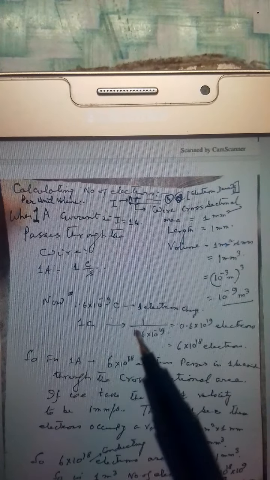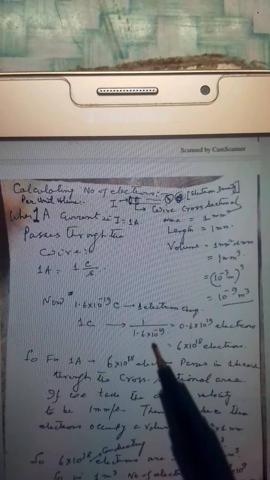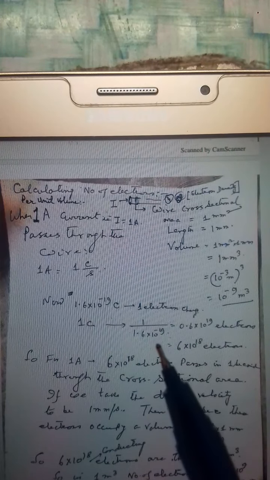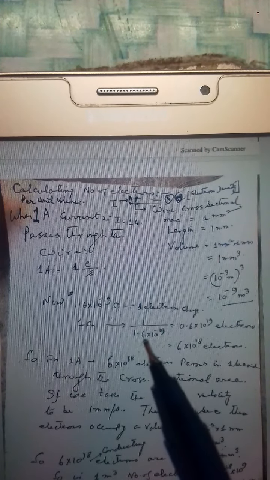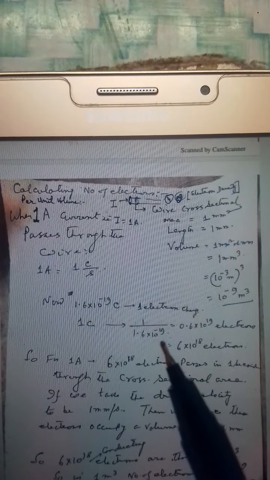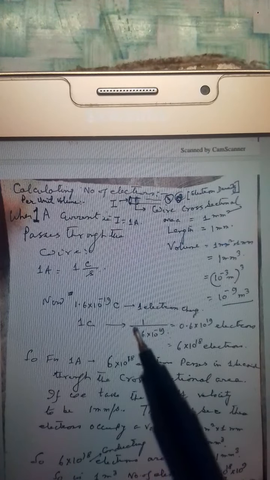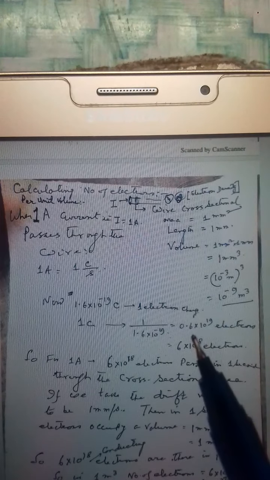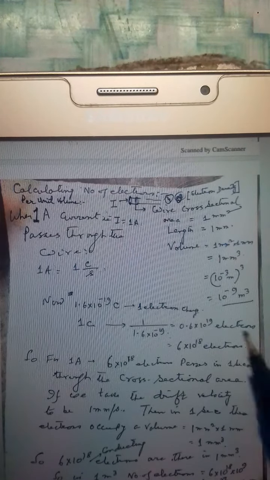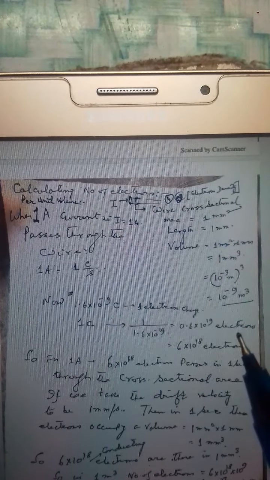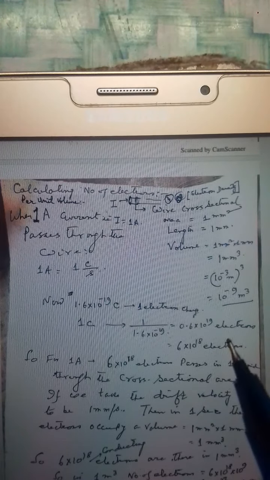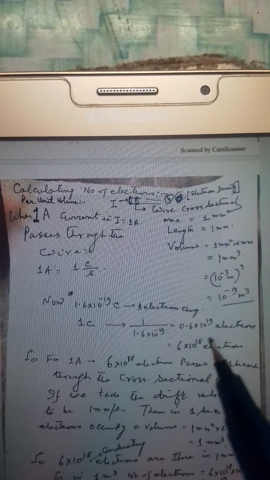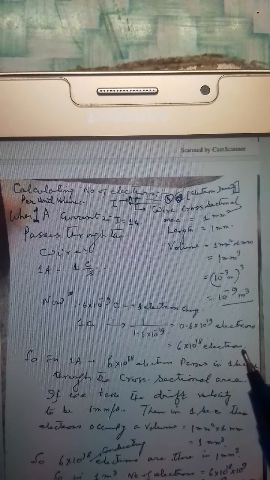So 1 coulomb of charge is an assembly of 1 by 1.6 into 10 to the minus 19, that is 0.6 into 10 to the power 19 electrons. So much electrons in 1 coulomb charge. A coulomb of charge is a very large amount and it contains almost 6 into 10 to the power 18 electrons.